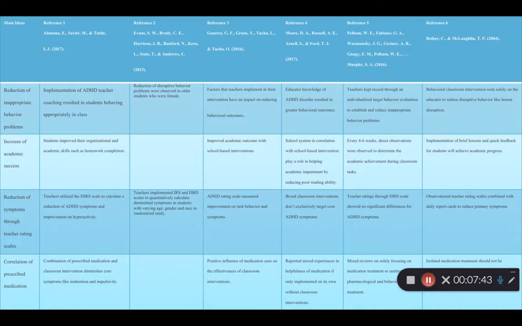All of this is talking about all the factors that came into play with the implementation of the teacher classroom interventions, and how that correlated with the medication and what it did to the students. Was there an increase in symptoms? Was there no change? Was there a decrease? All of that was displayed in my synthesis matrix.